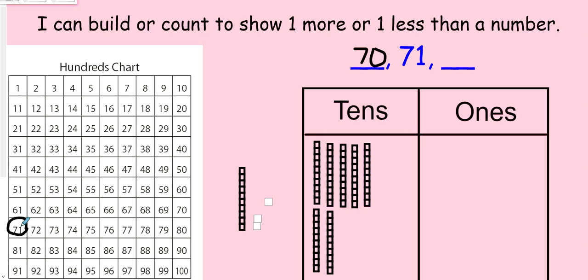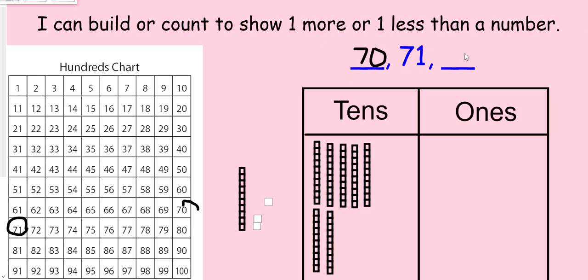So where am I going to go? I am going to go to the end of the row that comes before. So 71, 70. When I count back 1 from 71, 1 less is 70.